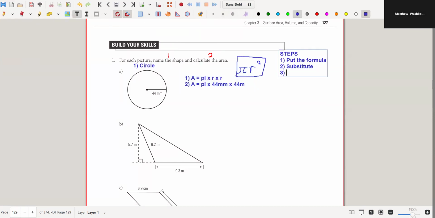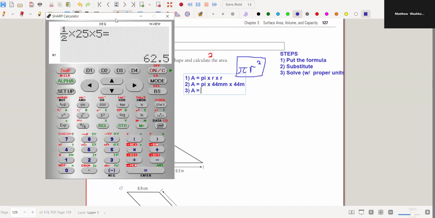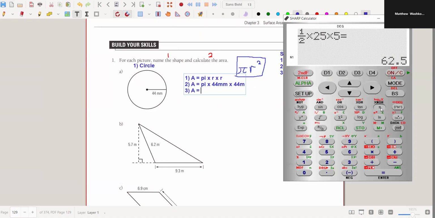And then the third one is you need to solve with proper units. What does that mean? Proper units. Your area is equal to pi times 44 squared.